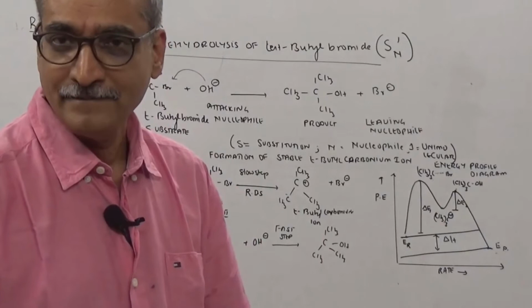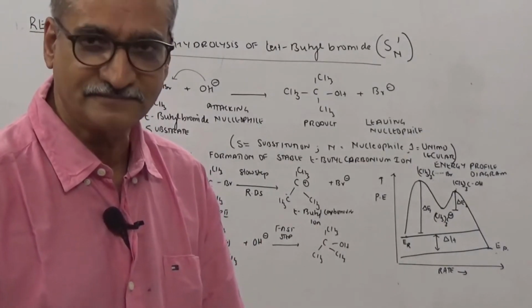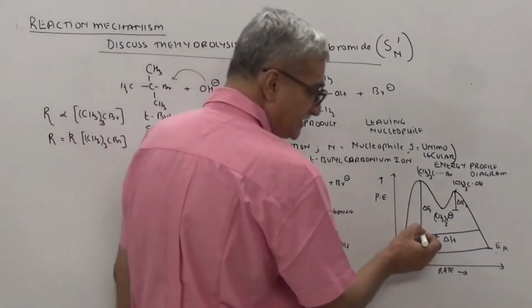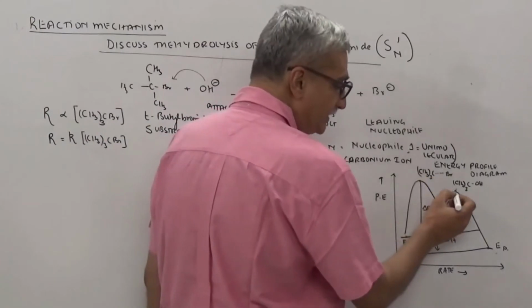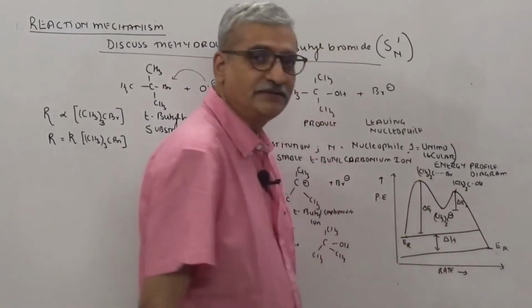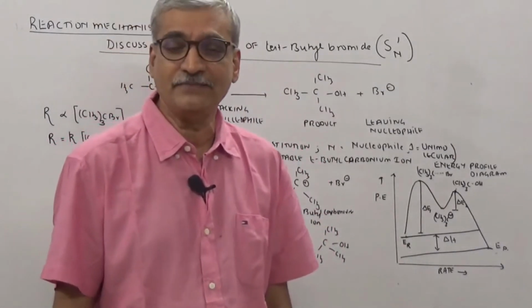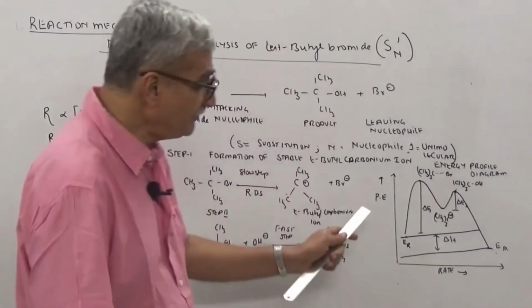So obviously that will have the higher energy of activation. So that is why you have to show a graph like this, that this has a higher energy of activation because this is the slow step, and then this is a fast step, it happens quickly. Because it has lower energy of activation, it is a fast step, it happens very easily. So this graph will have 1 mark.